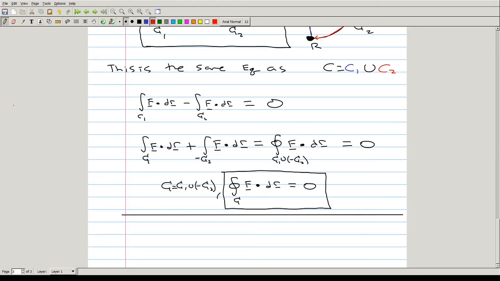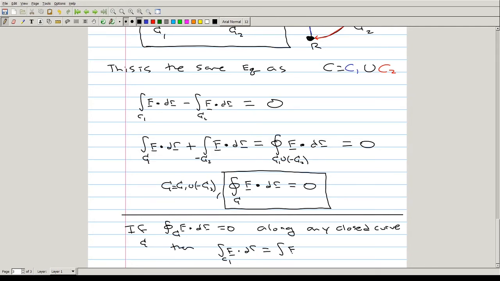We can also show the inverse of this statement very, very nicely, and that's that if the line integral is equal to 0 along any closed curve C, then the general line integral of f along C1 is equal to the line integral of f along C2 for any C1 and C2.